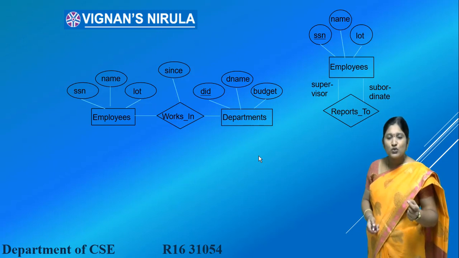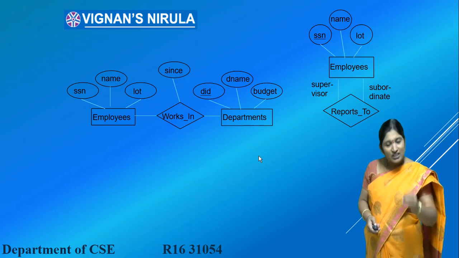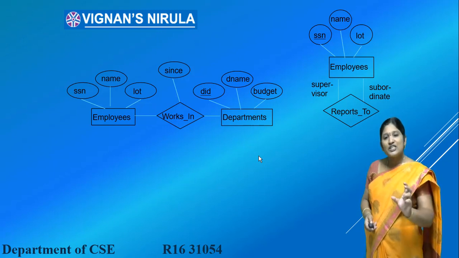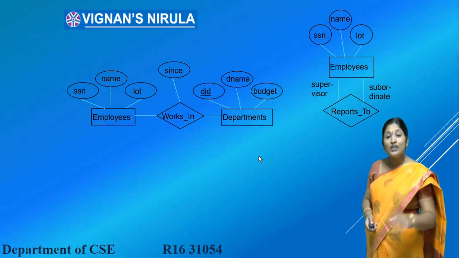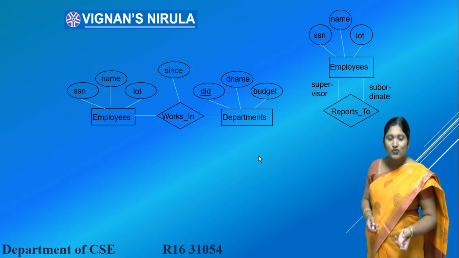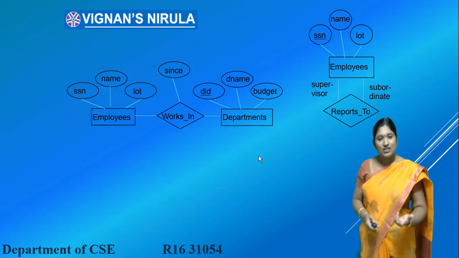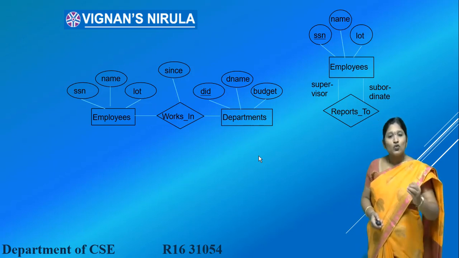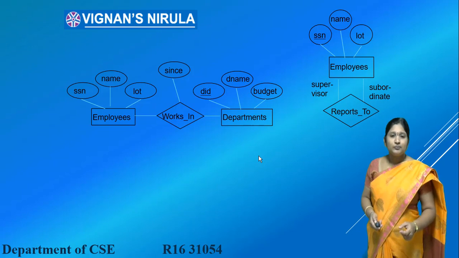Some of the employees are supervisors and some of the employees are subordinates. So here the same entity set is relating to itself. These are the kinds of relationships that exist, and we are going to represent all of them by means of the diamond symbol.